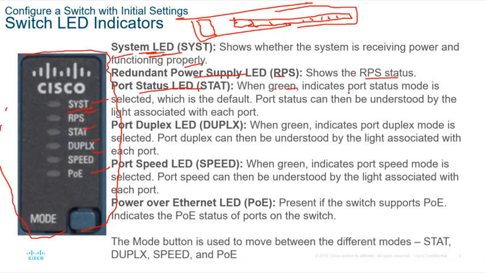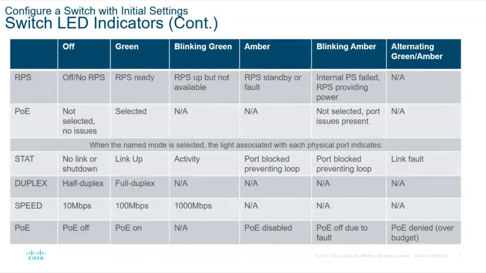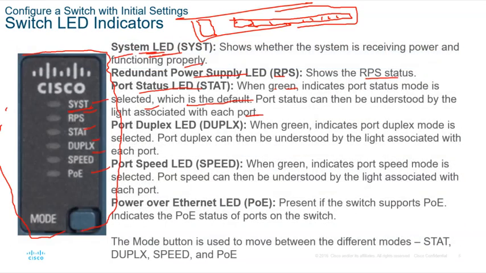Green indicates port status mode is selected, which is the default. Port status can then be understood by the light associated with each port. We have a table here, so you use that table to master the LEDs.